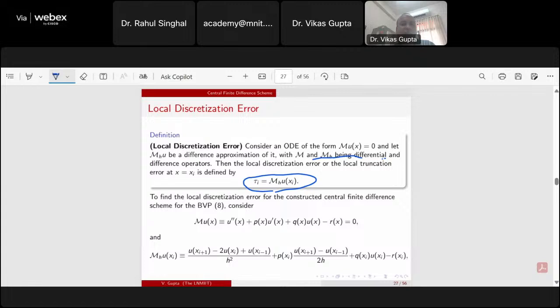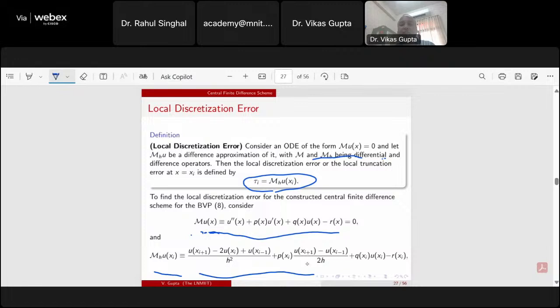So to find the local discretization error for the constructed central difference scheme for the given boundary value problem, we consider the differential operator M in this way. Mu(x) is equivalent to 0, that is, Mu is u double prime plus p(x) u prime(x) plus q(x) u(x) minus r(x) equal to 0. And the corresponding finite difference approximation Mh will be in this form.